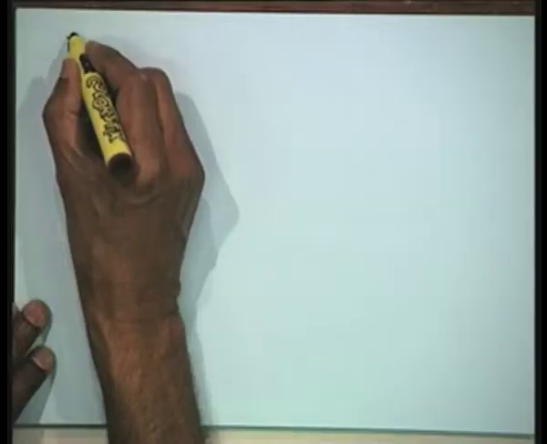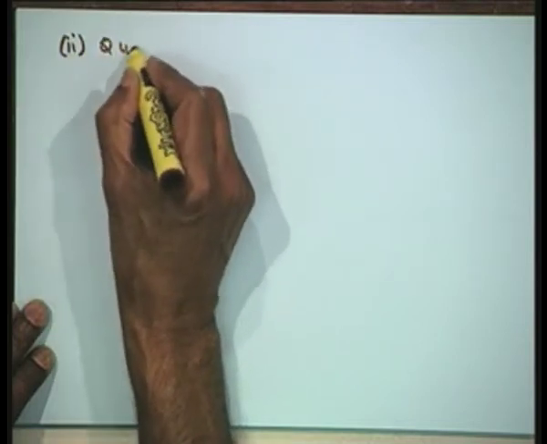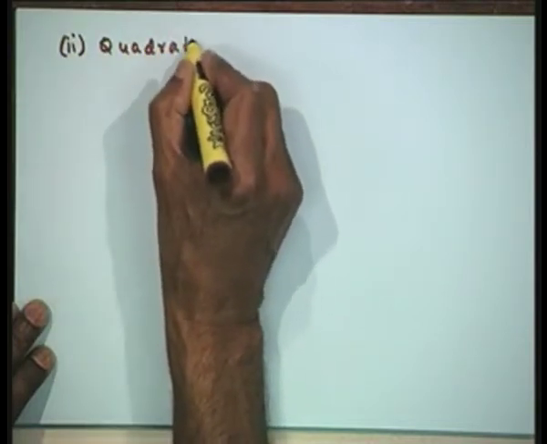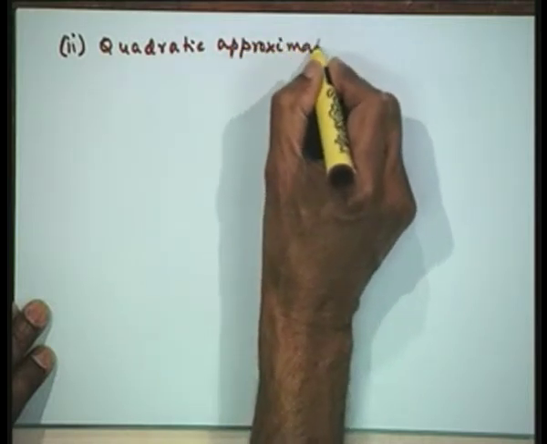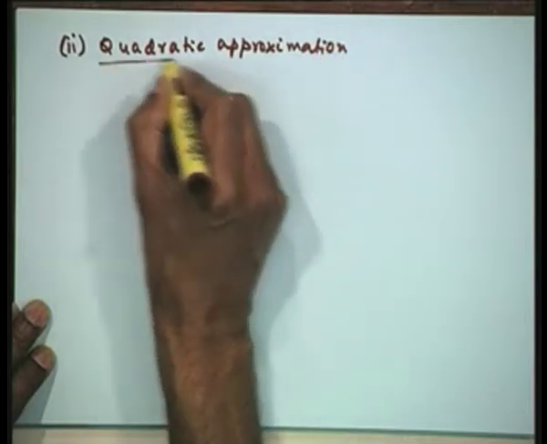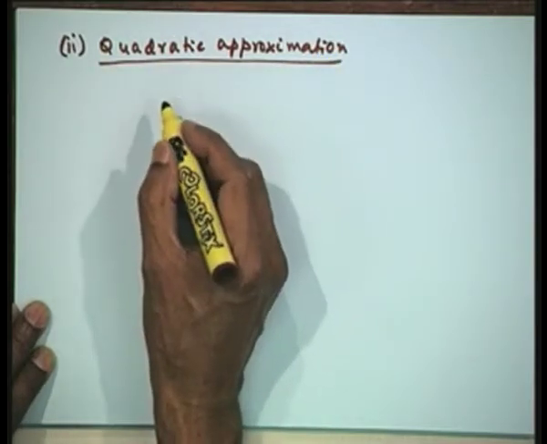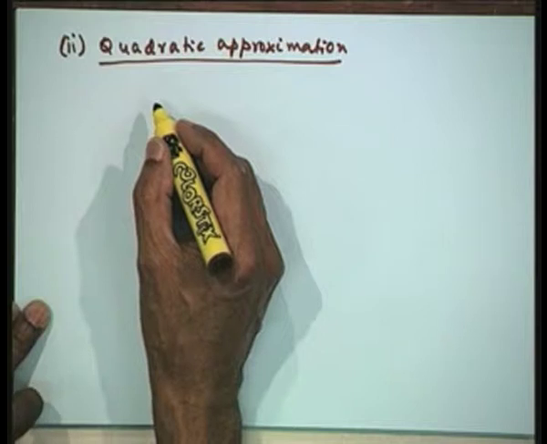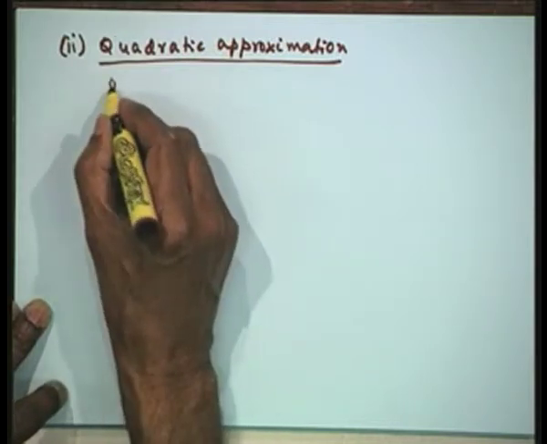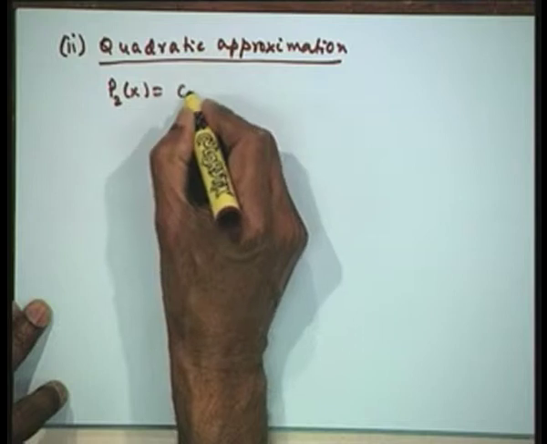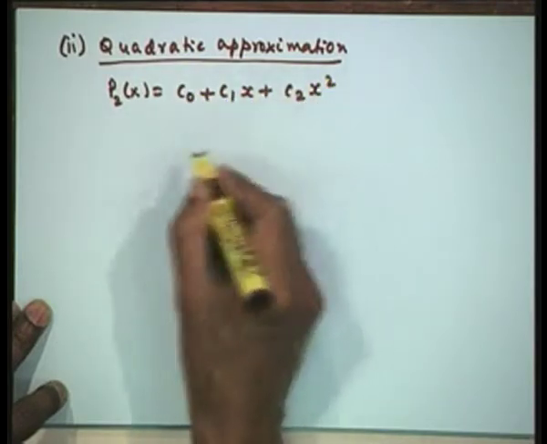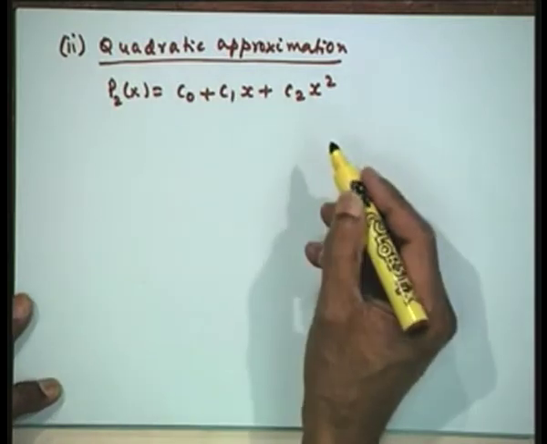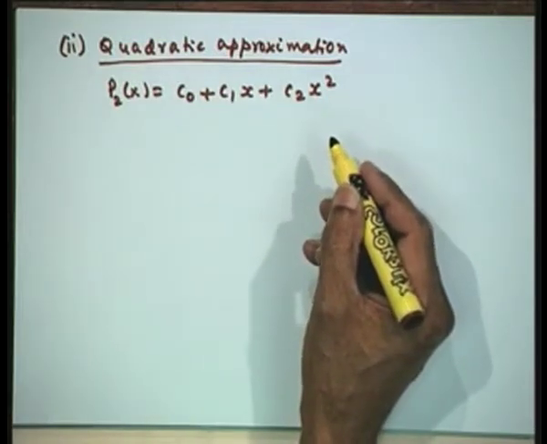Now, we have been asked to find the quadratic also. So, let us do the quadratic approximation. Now, in this case we are taking the polynomial approximation as we add one more term to the previous case, that is your C 2 x squared, C naught plus C 1 x plus C 2 x squared.